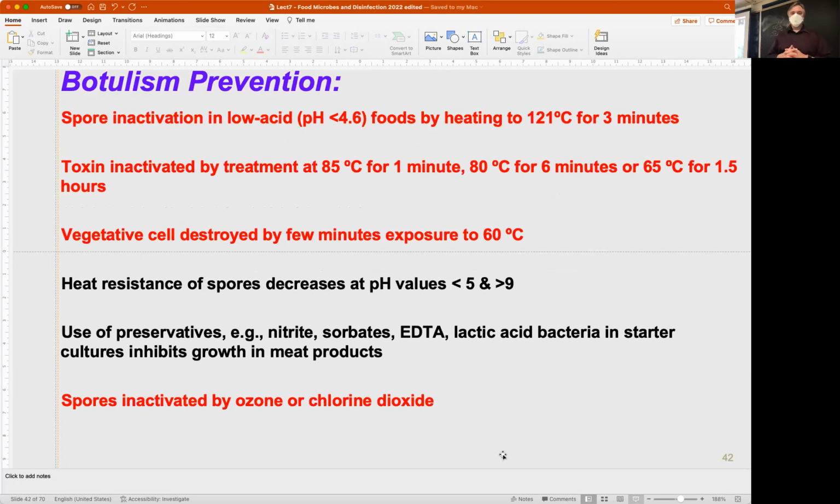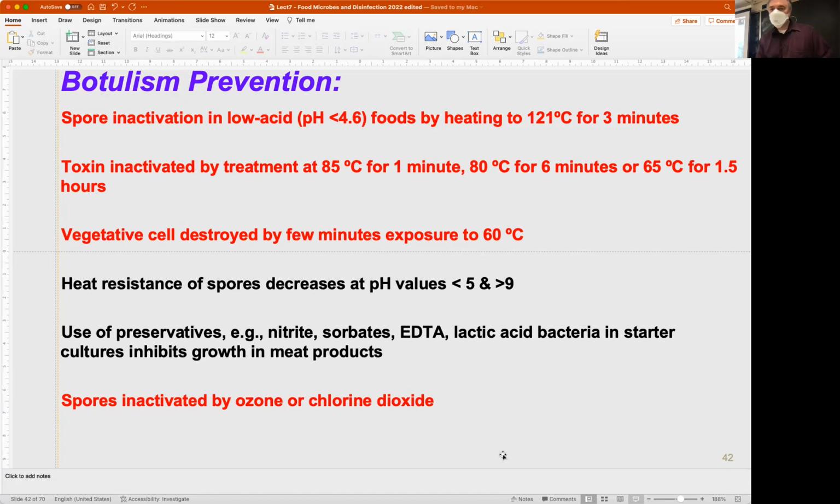How do you prevent it? That was a question earlier. Low acid foods: heat to 121 degrees Celsius for 3 minutes. Paul mentioned that it is also deactivated at 85 degrees Celsius for a minute, or at 80 degrees for 6 minutes. So there are lots of different temperatures you can treat for longer periods of time.